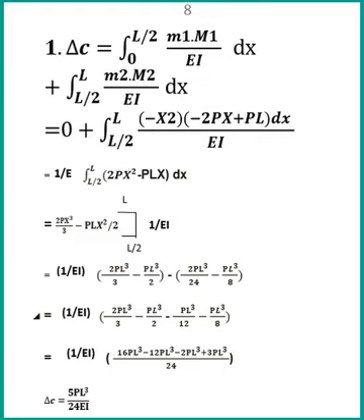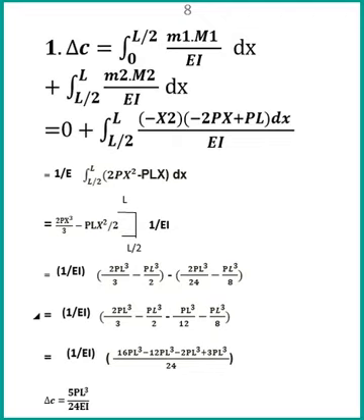Then we will find the deflection at point C as per the previous equation: the integration from 0 to L over 2 plus the integration from L over 2 to L. The value of M1 is equal to 0, so the first integration will be 0, and the second integration will be m small, minus x over 2 as we found before, times M capital, minus 2Px plus PL, over EI.